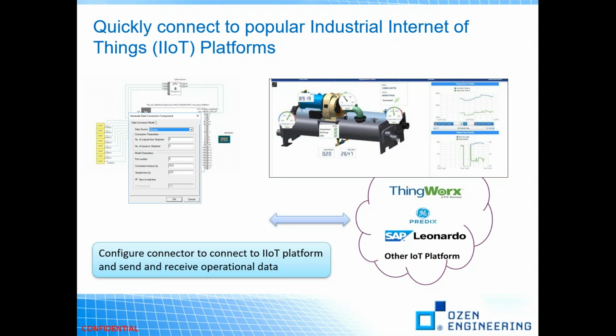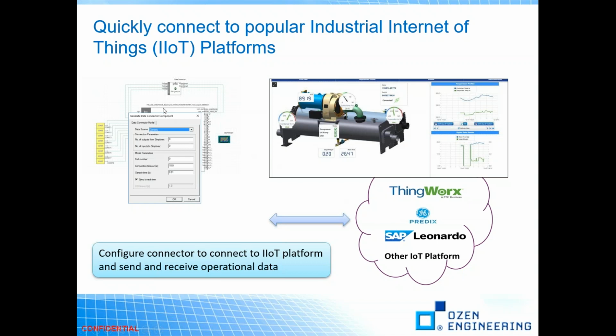Then you can define the number of outputs from Simplorer and the number of inputs into Simplorer, and then you basically just specify the port number, connection timeout, and the sample time, and there you go. You will have a connection point in Twin Builder with outside sources or outside data.